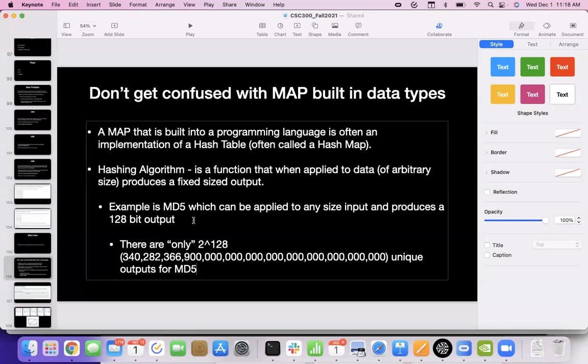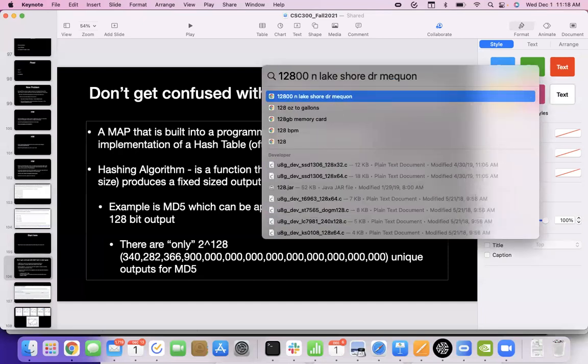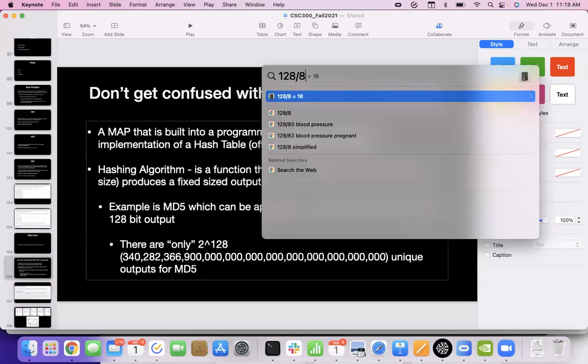So 128 bits would be 128 divided by 8, which is 16 ASCII characters long. Or if you wanted to do Unicode, you can do something else, but usually ASCII characters are stored in 1 byte size.